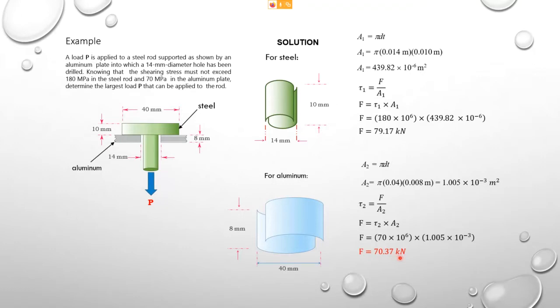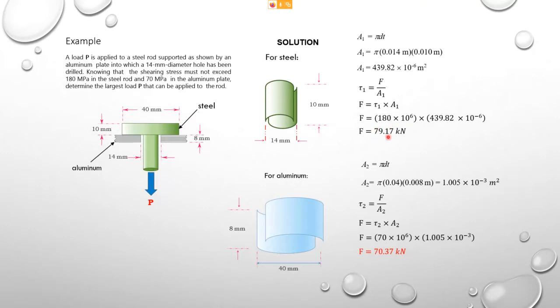Now, based on these two values, the question is asking us to find the largest load that can be applied to the rod. So which of these loads can we consider? This part here, the aluminium, can only withstand up to this much force.